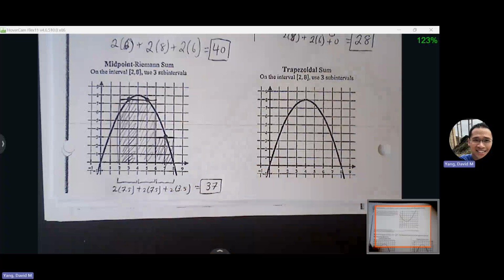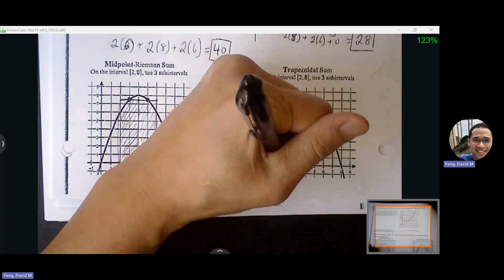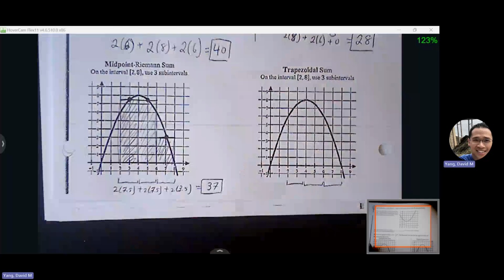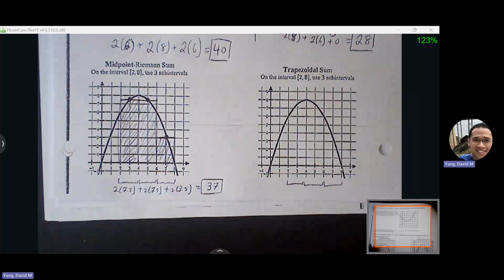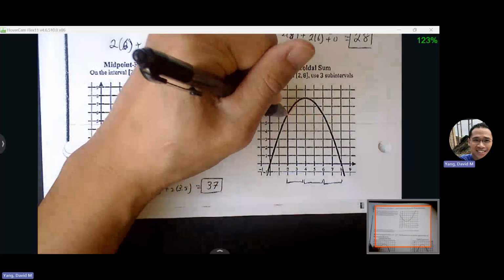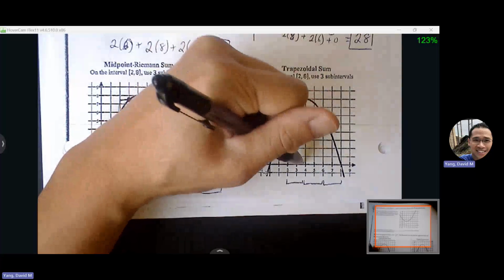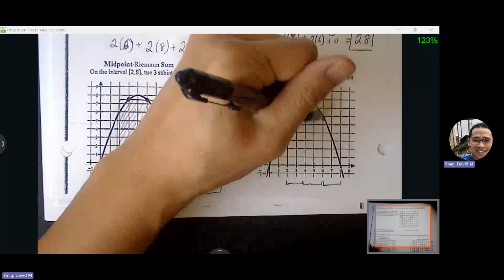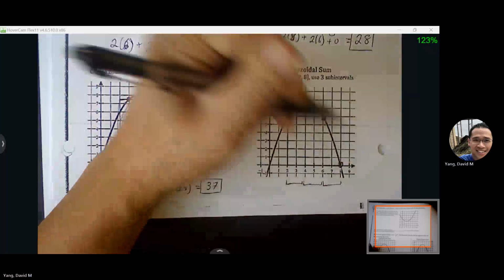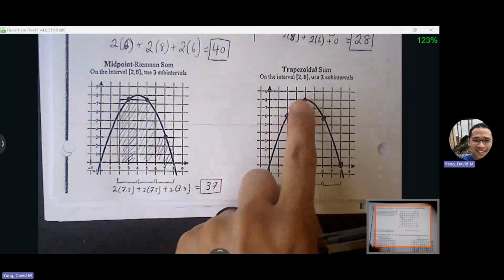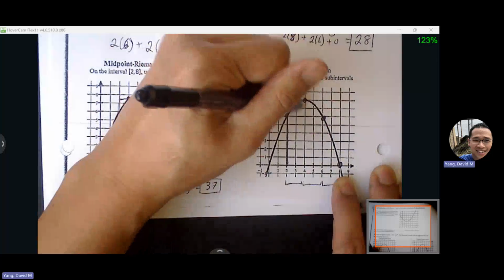Okay, last one, trapezoid. So trapezoid from 2 to 8, again, from 2 to 4, 4 to 6, 6 to 8. Now, the way you draw trapezoids is for each endpoint, you're going to highlight that point on the graph. So 2 and 4 and 6 and 8. Every endpoint is going to hit the curve, and then you're going to extend the graph down.